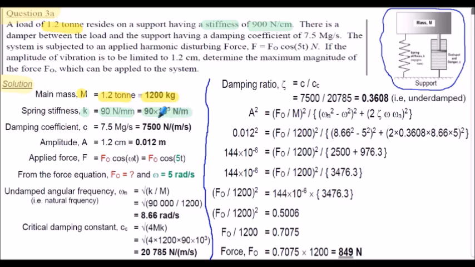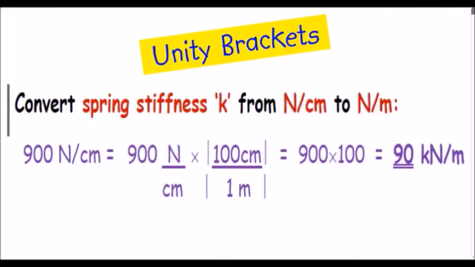Sometimes students do have problems with such conversions, so our cancelling unity brackets offer a structure for the conversion. Just for reference, here's our unity bracket calculation. We're converting 900 newtons per centimetre into newtons per metre. So this is the unity bracket. And remember, it's a cancelling unity bracket.